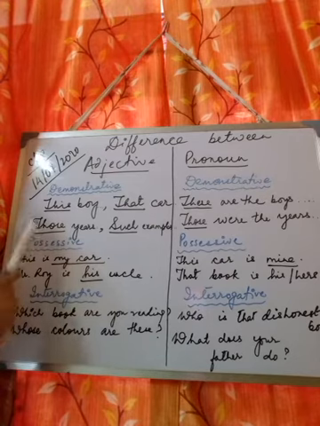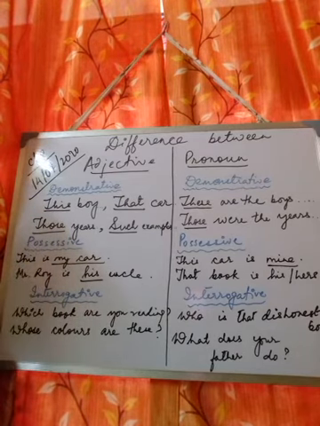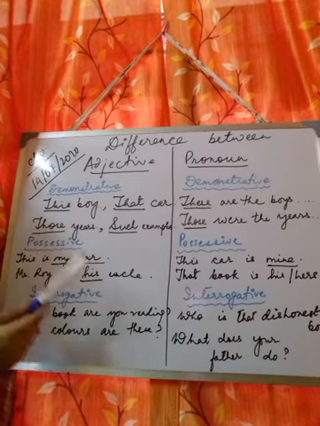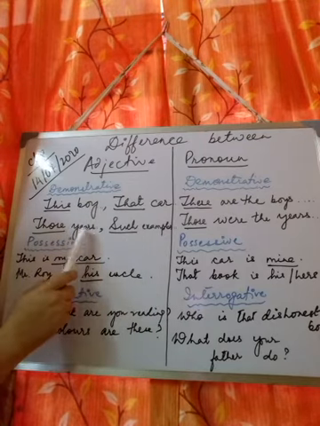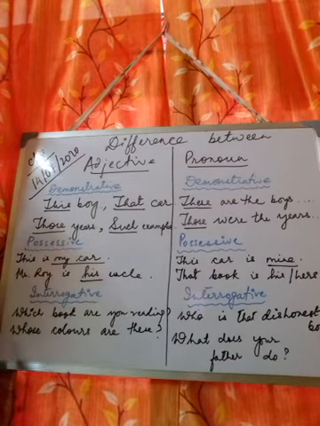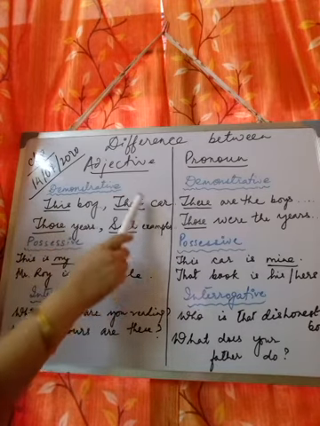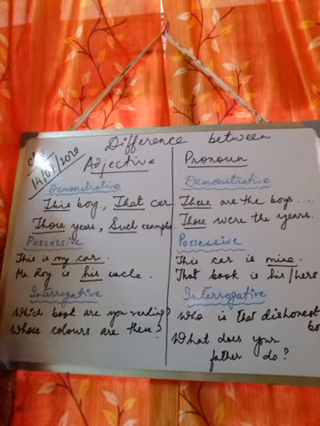Here the words of demonstration are this, that, those, such. And we find that these words of demonstration are immediately followed by nouns like boy, car, years, example. Hence these words modify the meaning of the nouns, and so these are called demonstrative adjectives.